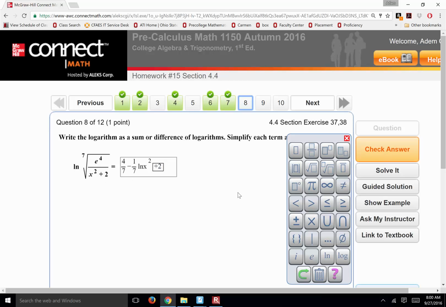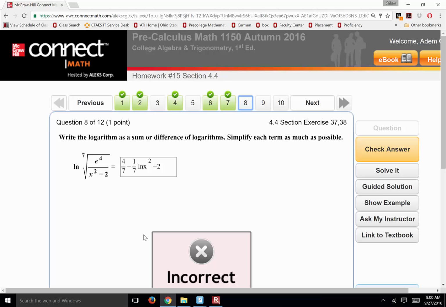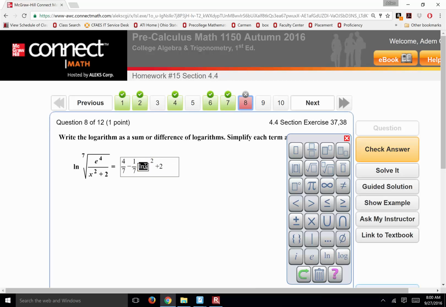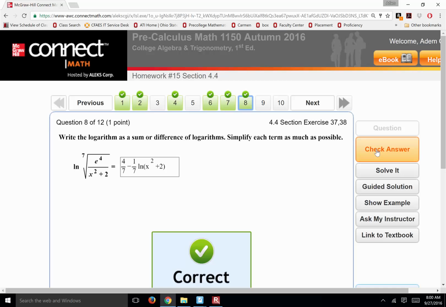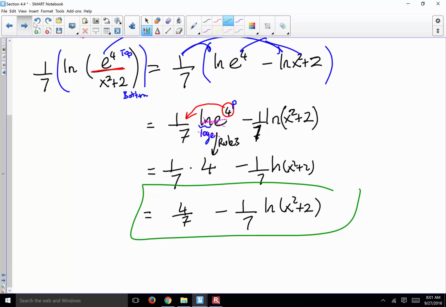I believe it's gonna say incorrect. Yeah, I need to use a parentheses and capture both x squared and plus 2 under the ln. Now it sounds correct. If you don't use a parentheses, Connect Math says, oh, why did you put that 2 outside? It should be in ln. So you must use parentheses.